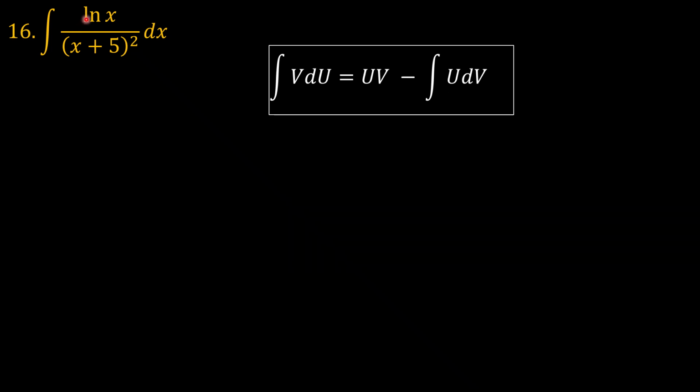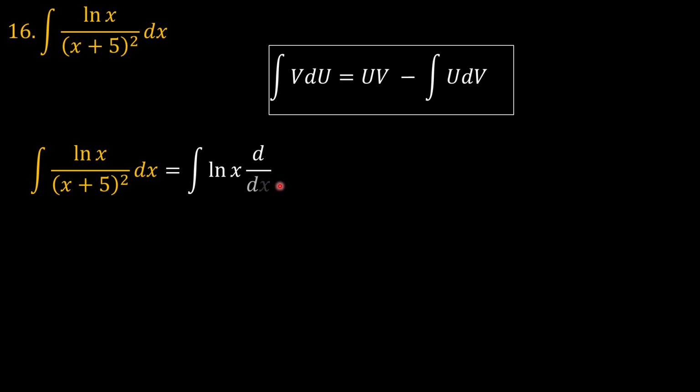So we're going to express this expression in the form that we see here. So the natural logarithm of x over (x plus 5) squared is the same as the natural logarithm of x times the derivative of negative 1 over x plus 5, which is 1 over (x plus 5) squared.